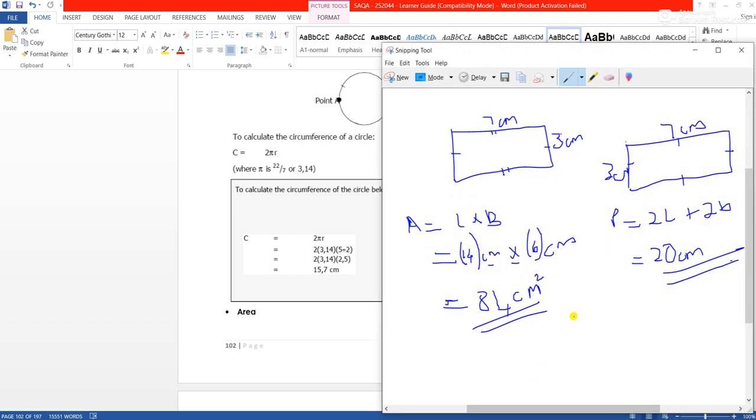Let's say for instance you've got a circle and there's a radius from here, and it's 2.5, and we use the same formula.